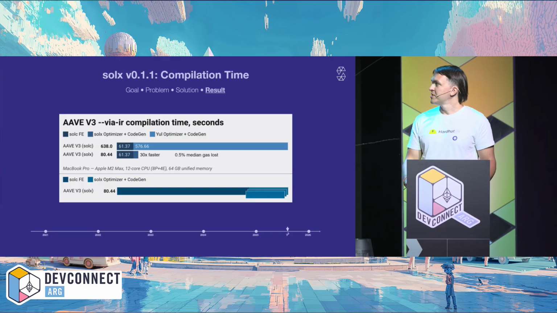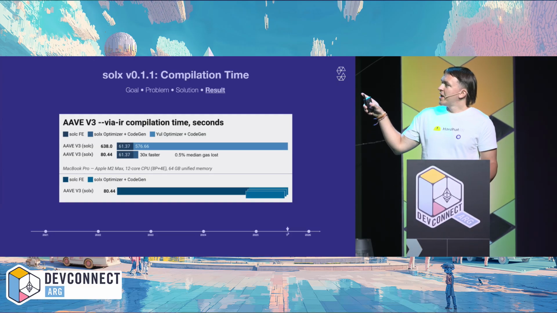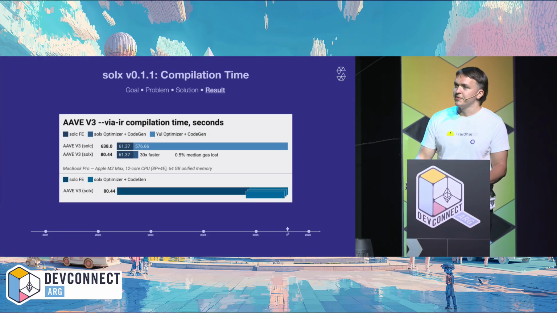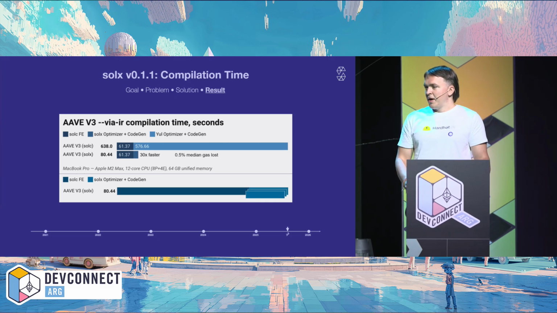I just want to showcase it because Aave v3 was kind of very infamous for having very slow compilation times on Yul. After turning off the Yul optimizer, the compilation time reduced by 8-fold, and the middle end and back end stage itself was 30x faster with the LLVM pipeline rather than the Yul pipeline.